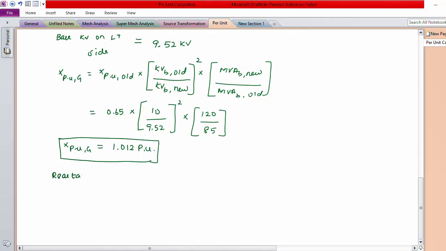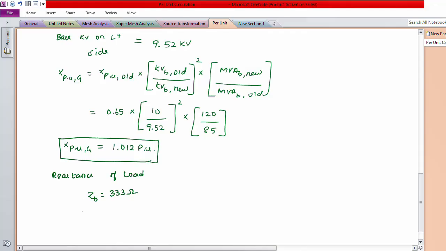Now at last we have to determine the reactance of the load. Here the load connected to the 200 kilovolt bus is a resistive load, so we have already calculated the base impedance for the transmission line, and we can use the same base impedance for the load. The base impedance for the transmission line is 333 ohm.